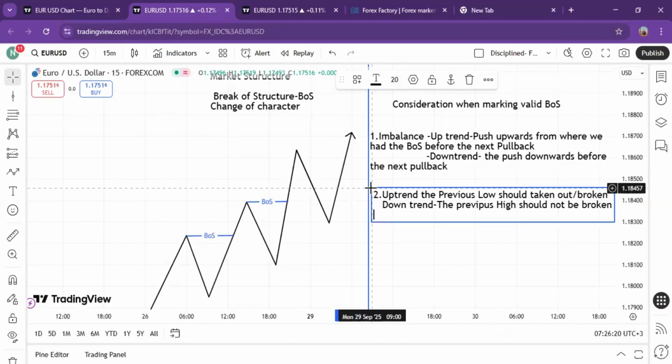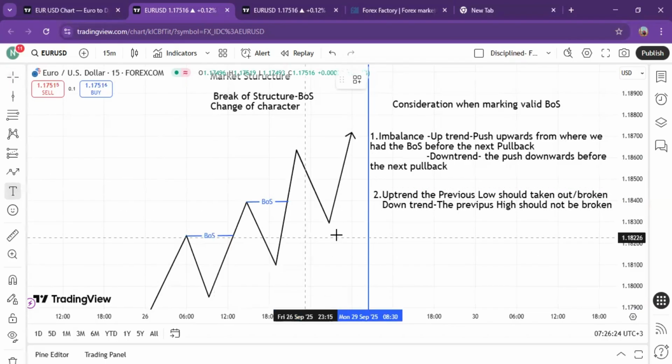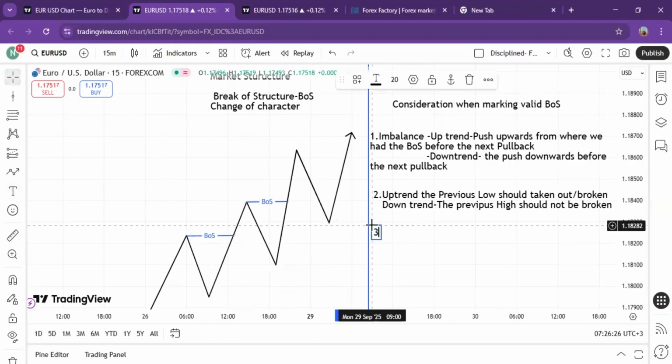Then, number 3, we are going to discuss. Here we look at the highest point and the lowest point.